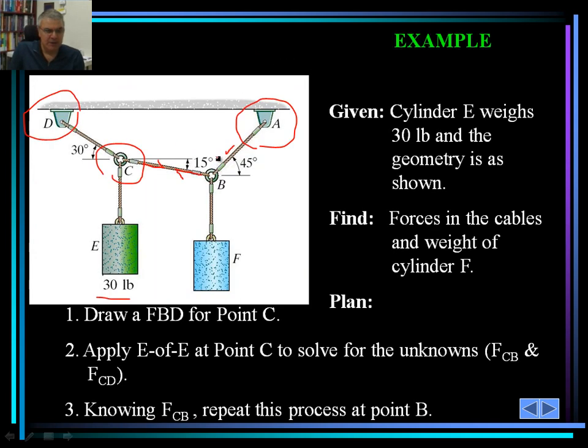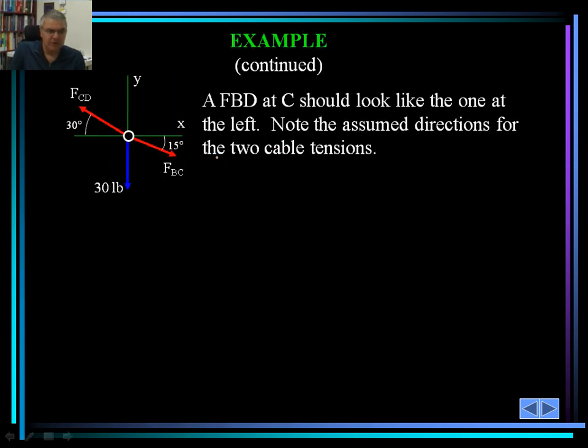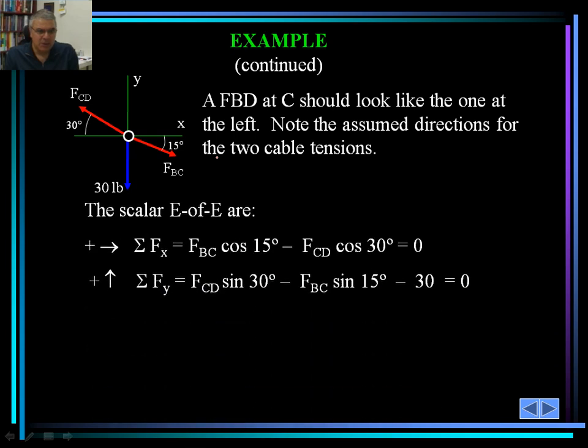So, again, take a look at point C. Here's the free body diagram at point C. It should look like the one at the left. Forces are shown, the angles are shown, the X and Y coordinate system is shown. The weight of 30 pounds acting downward along Y in the negative direction is also shown. Again, we set the equilibrium equations.